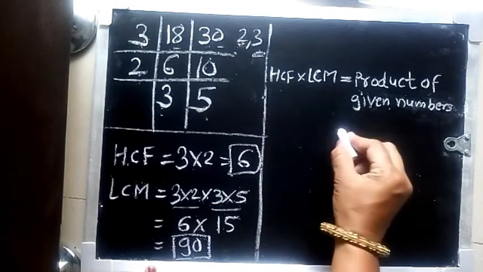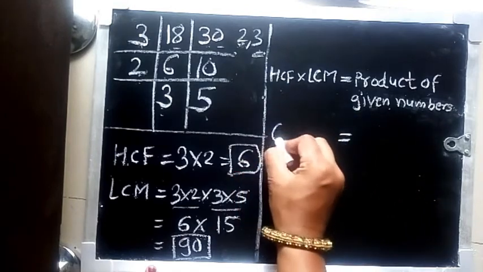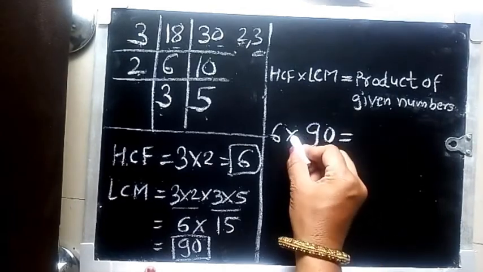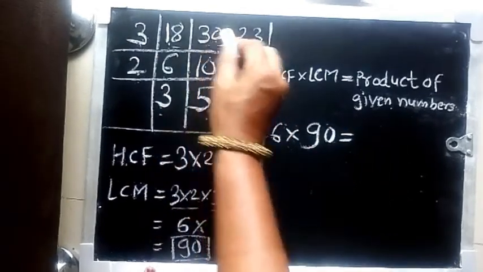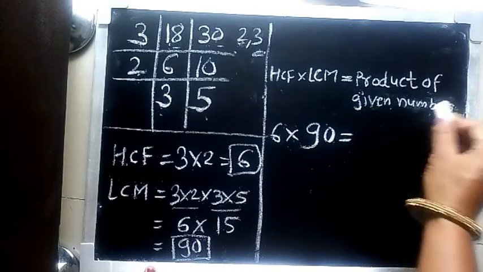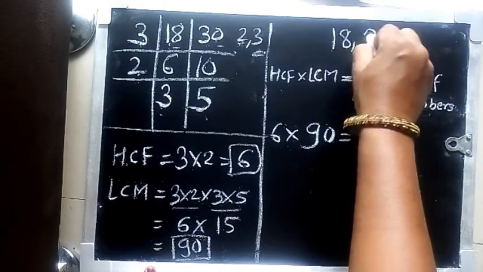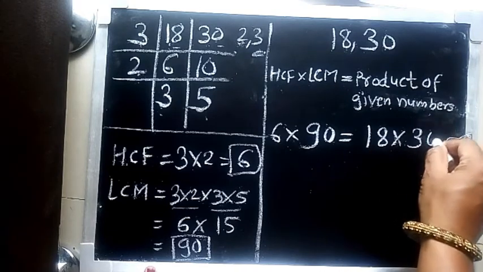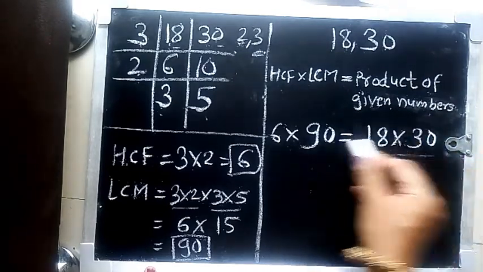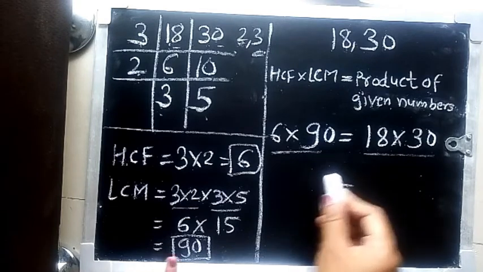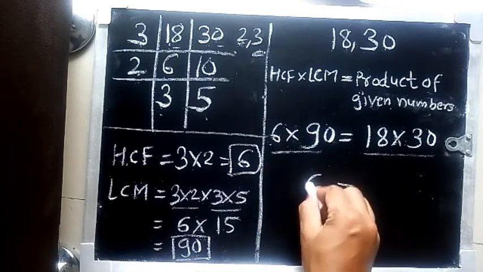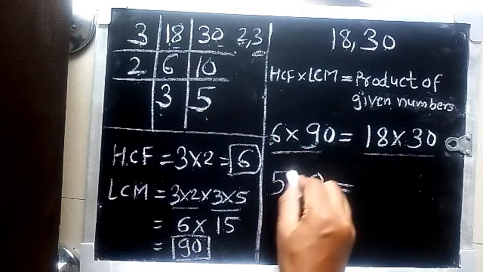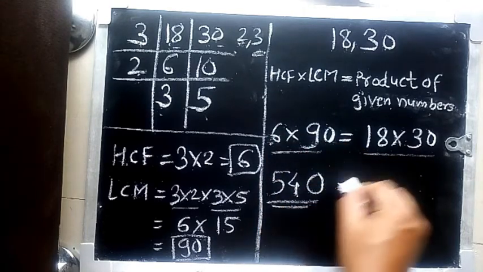Next, we verify the formula HCF into LCM. HCF is 6 and LCM is 90. Product of the given two numbers: write down the two numbers 18 and 30. Six multiplied by 90. 6 zeros are 0, 6 nines are 54.